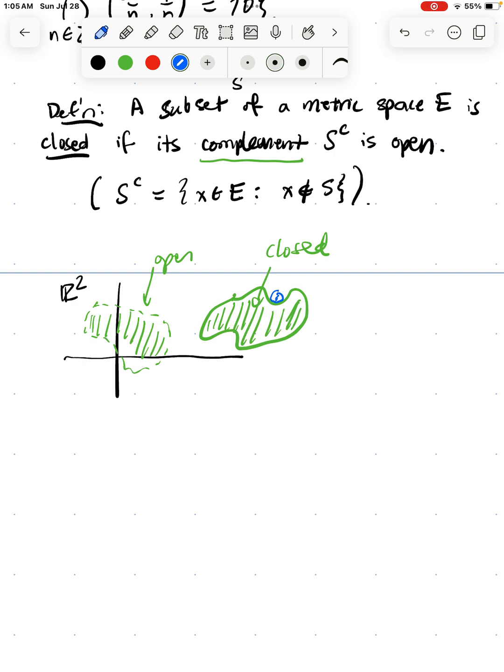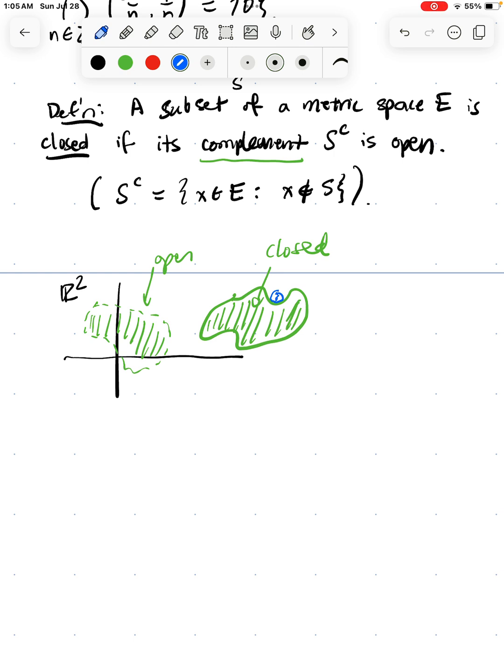So the complement is open. Okay. I should have made this small ball dotted. But anyway, yeah.